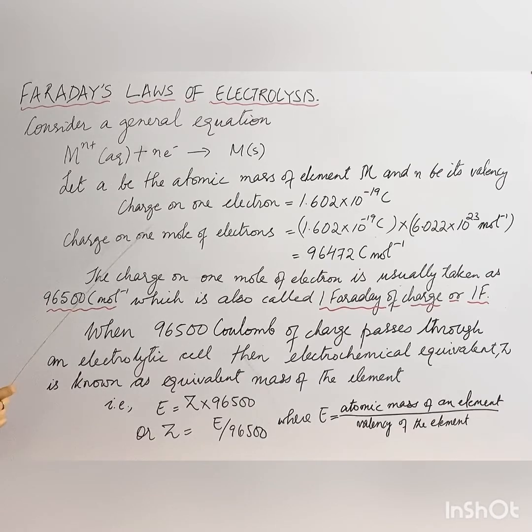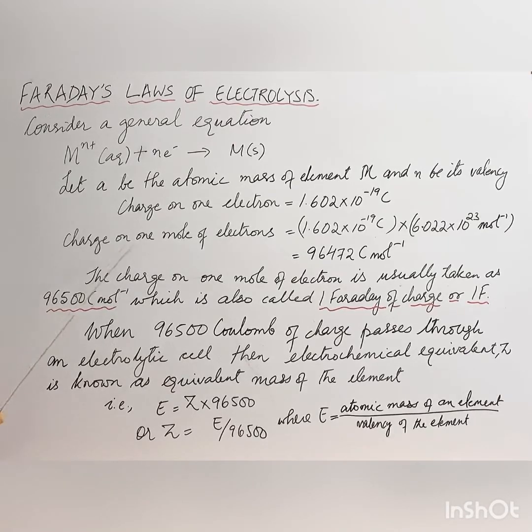So the charge on any one electron: an electron carries a negative charge of 1.602 into 10 to the power minus 19 coulomb. So this is the charge carried by one electron. Now, whenever we talk about the charge, we always want to express it in terms of moles. We don't just express it in terms of one electron, we express it in terms of mole.